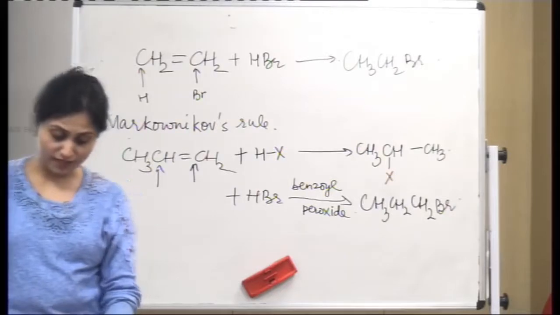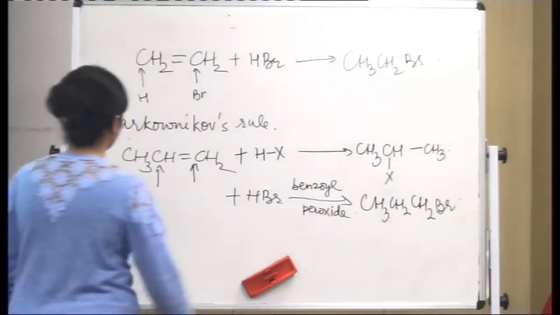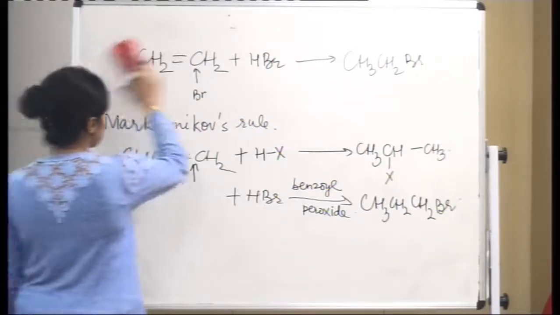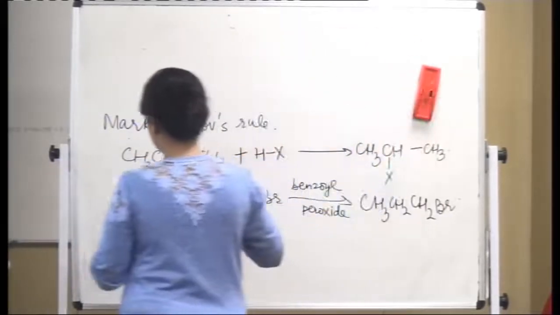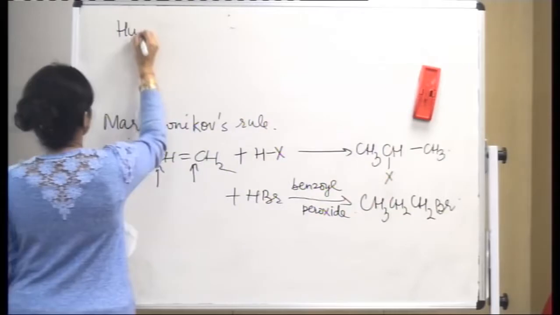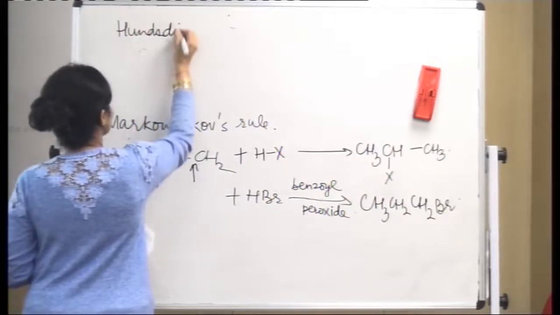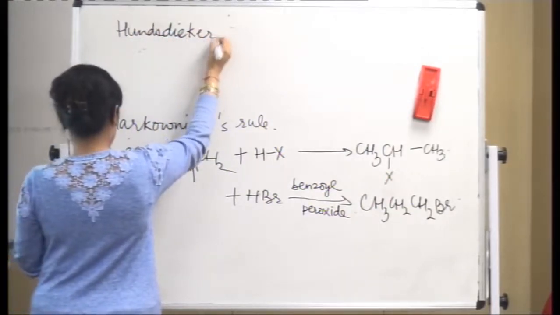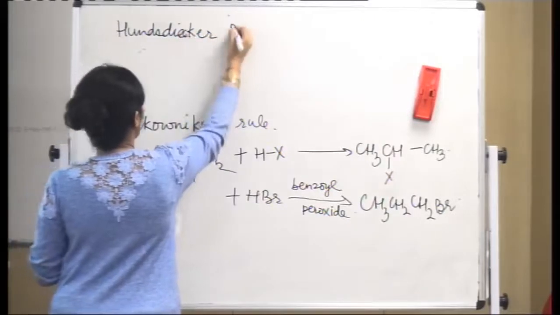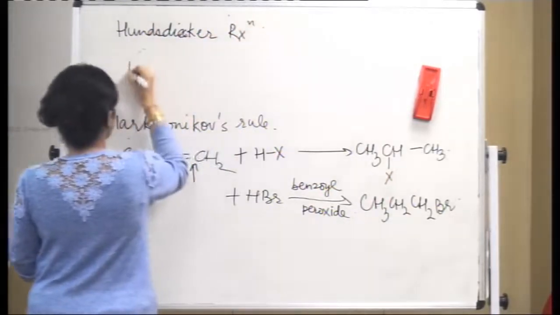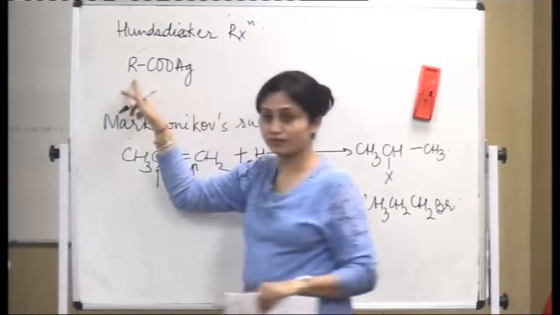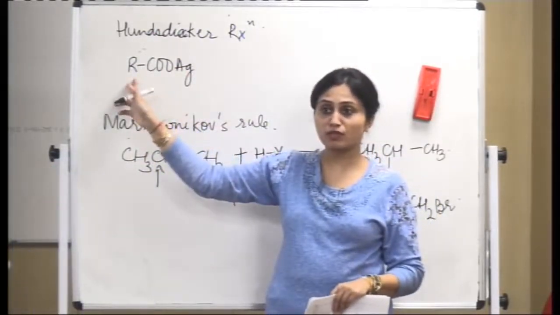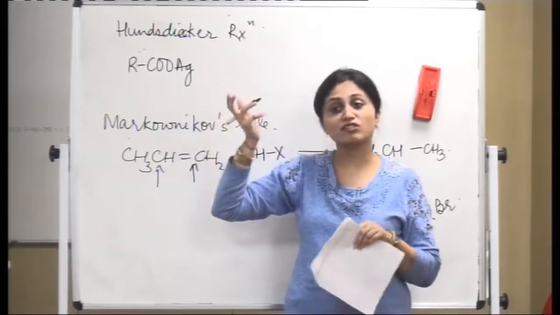Then there is another reaction for preparation of alkyl bromide, which is known as the Hunsdiecker reaction. It is from the silver salt of a carboxylic acid. In name reactions, the reagents are to be remembered.